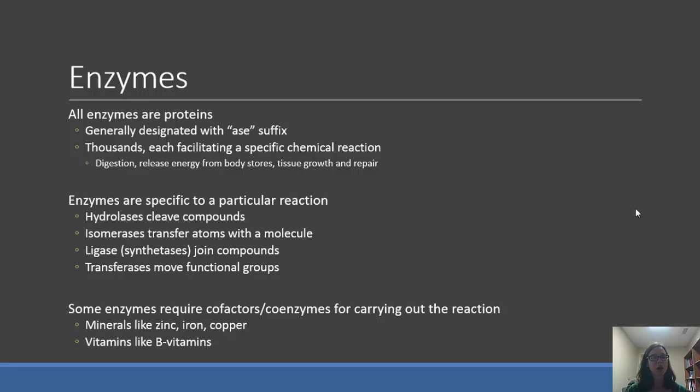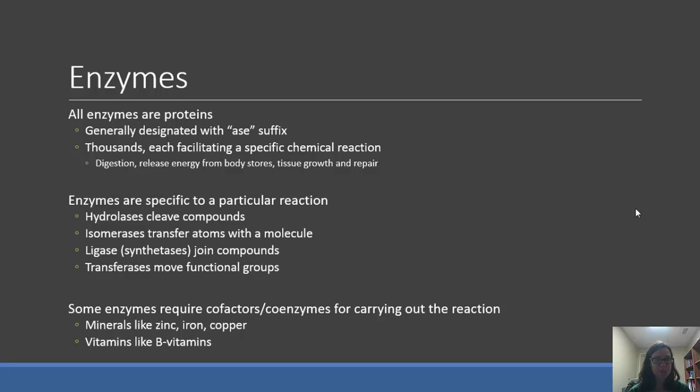Okay, proteins are also used as enzymes, and all enzymes are proteins. As we've seen, most enzymes are designated with an -ase suffix, and there are thousands of different kinds of enzymes that are specific for different chemical reactions. We've talked a lot about enzymes needed in digestion and release of energy from body stores, and we also have an extensive need for enzymes in tissue growth and repair.